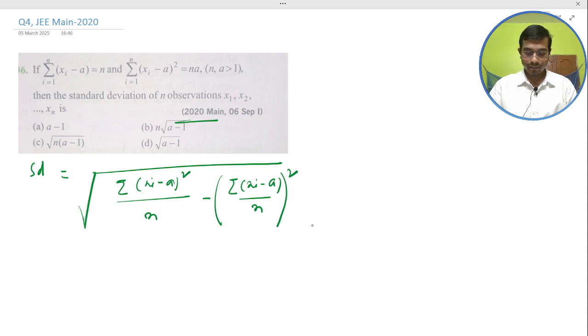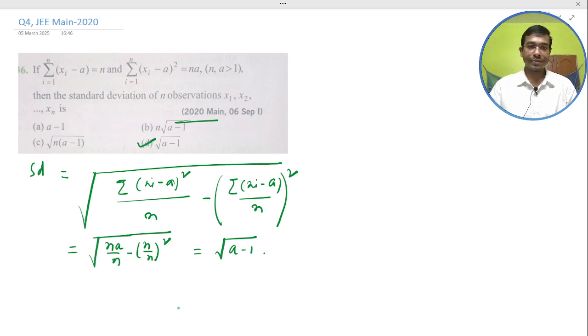This is the formula. Put this value. So this would become n a divided by n minus (n by n) whole square. So this would become square root of a minus 1. Simple. So option D would be the correct.